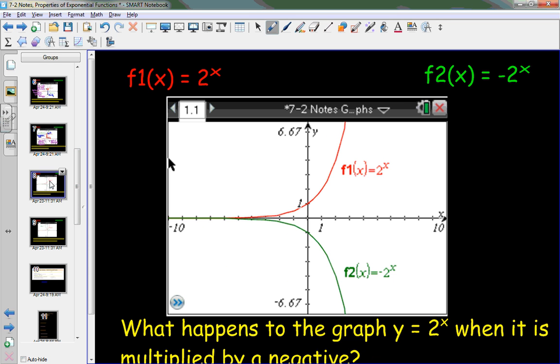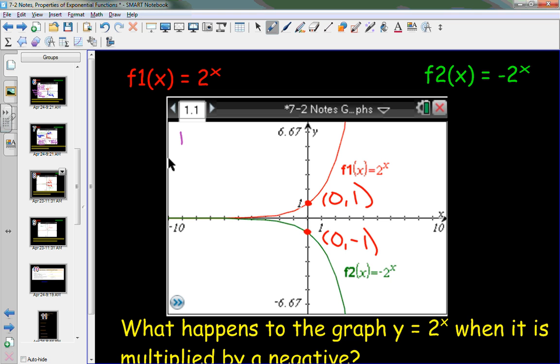Okay. What about this one? Reflection over what? X-axis. It's a reflection over the x-axis. Okay, now let's really think about that a minute. I have this lovely little point, which is the point 0, 1. How am I going from 0, 1 down to this point, 0, negative 1? What did you just say, Nick? You're multiplying your y value by a negative 1.